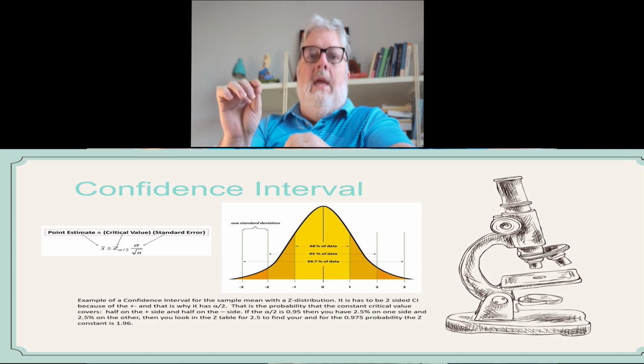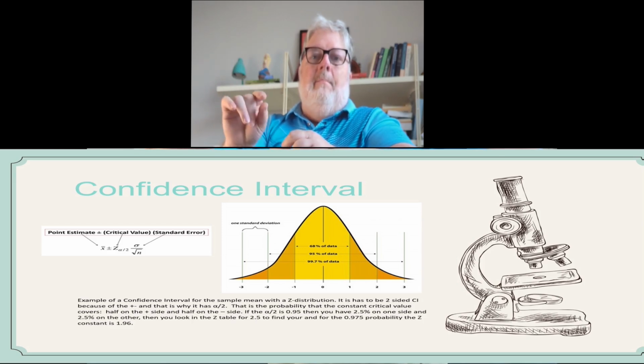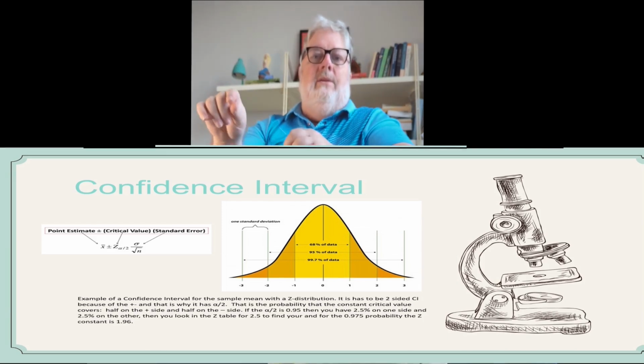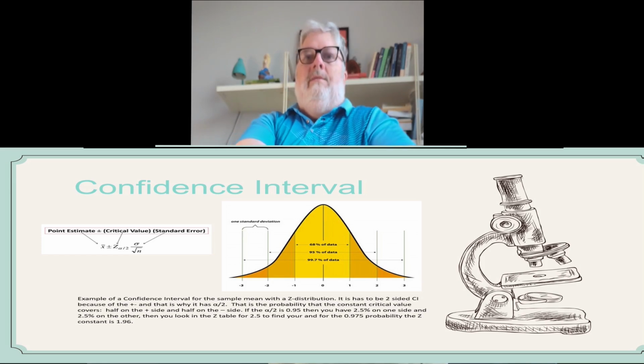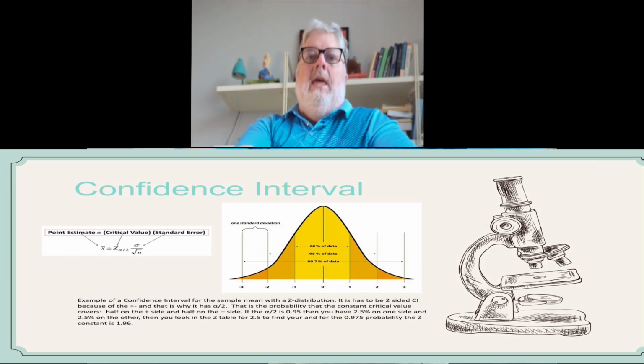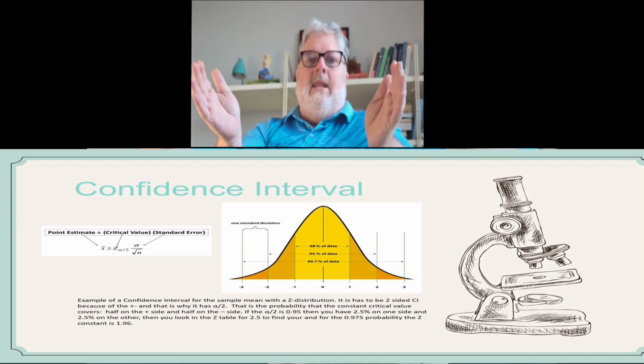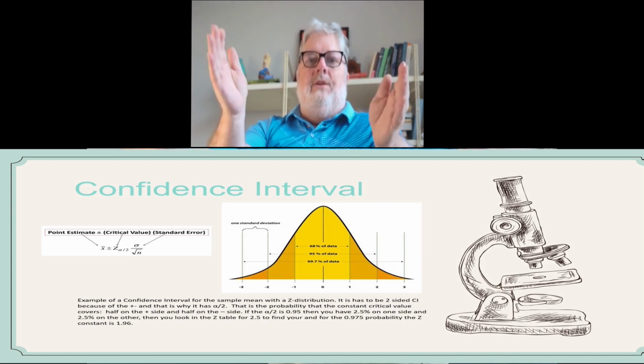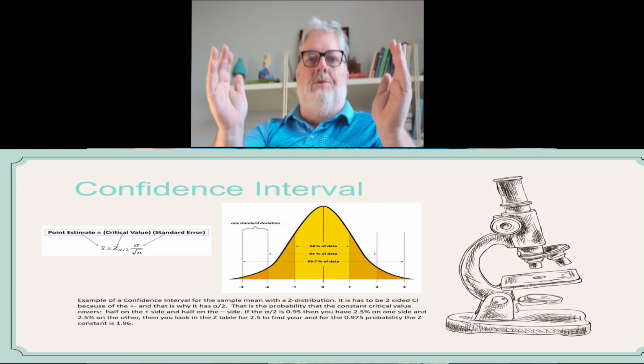the sample standard deviation divided by the square root of n minus 1. So when you divide by the square root of n minus 1 and multiply it times that constant, and you subtract that and add it to the mean, then you have 2 numbers that are a range.